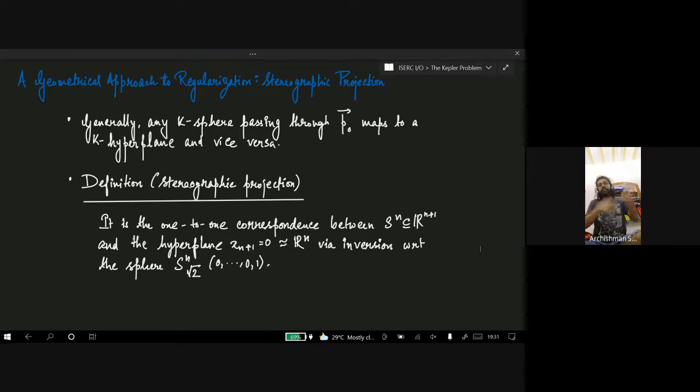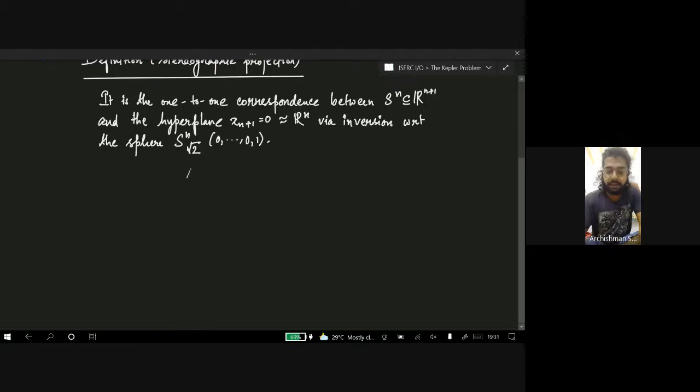via inversion with respect to the sphere of radius √2 centered at the point with all coordinates 0 except the last coordinate being 1. So let me briefly draw a diagram of what I'm trying to mention.